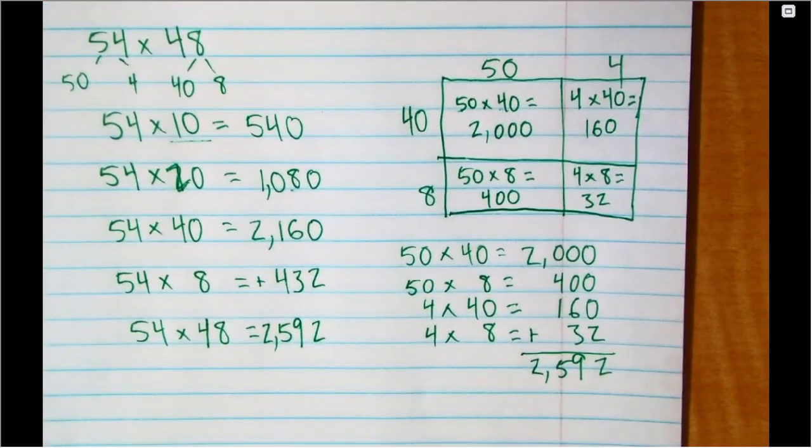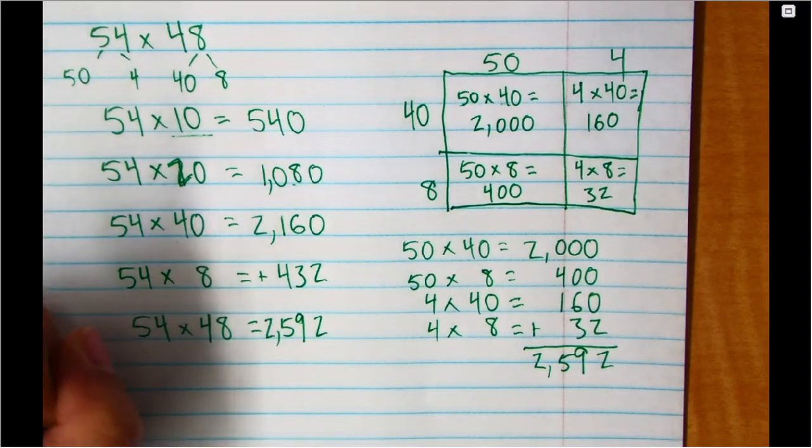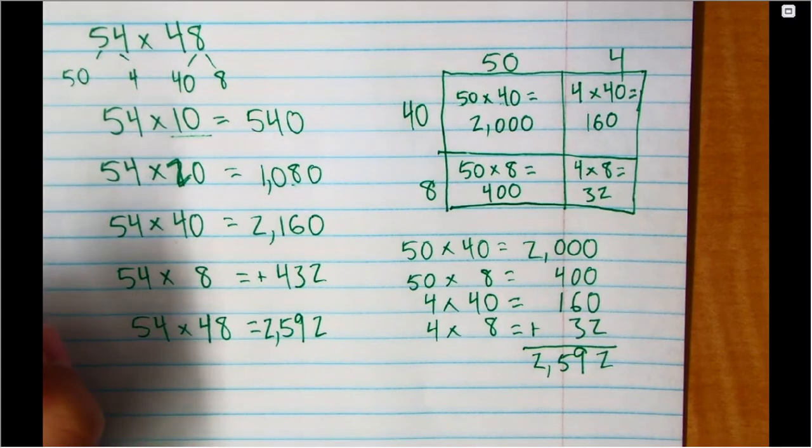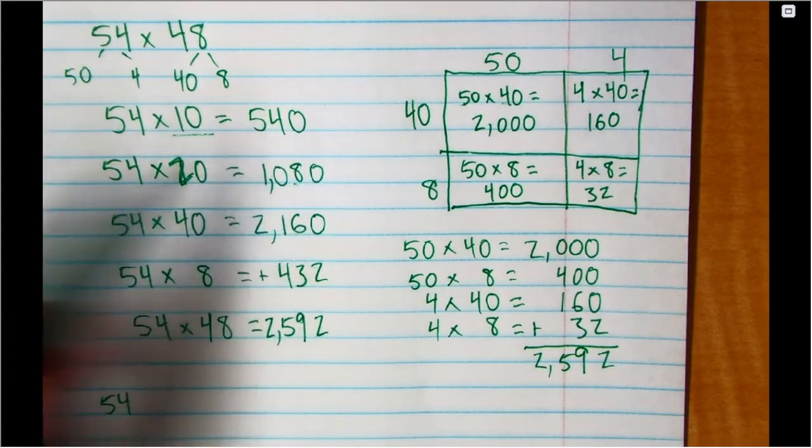Okay, these are just 2 examples of how I could start my problem. One more example, in a third way, would be to say, okay, well, I know that 54 times 10 is 540.